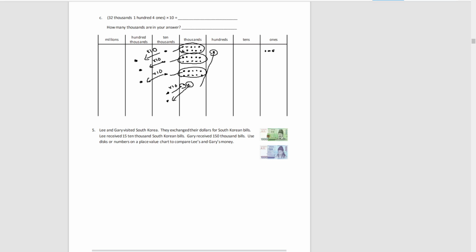And 100 times 10 is 1,000. So we end up with 300 thousands. 2 10,000s is 20,000. And 1,000.